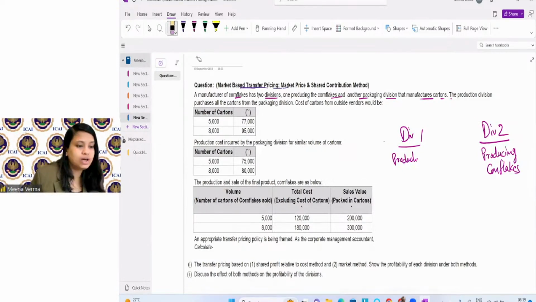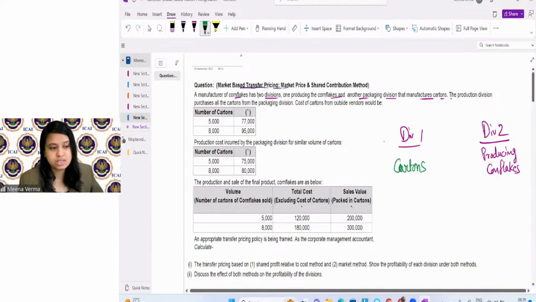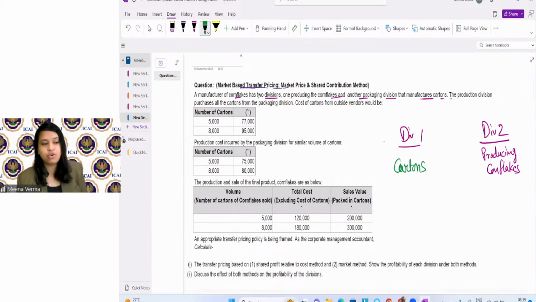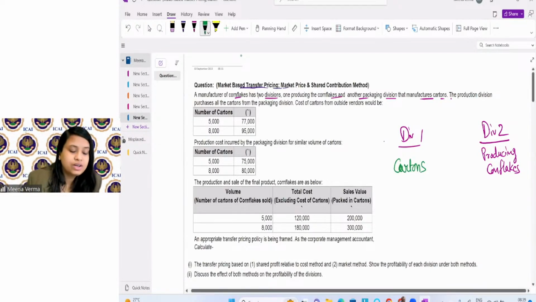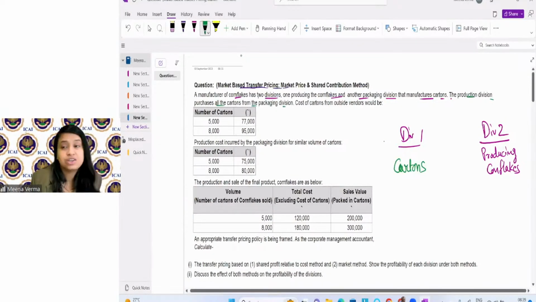And in the other division, they are preparing the cartons for the packaging of cornflakes. The production division purchases all the cartons from the packaging division.